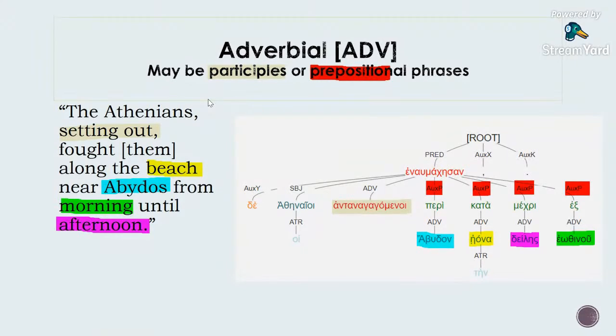They fought along the beach. They fought from morning until evening. None of these are necessary to complete the meaning of the verb fought a sea battle, right? There would be an assumed object of fought the sea battle in the sense that you fight against someone, but that's not expressed. And it's perfectly fine to know that there needs to be another argument that is simply not expressed. We do that all the time.